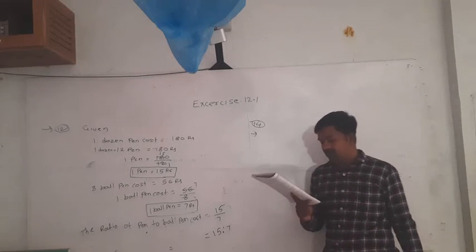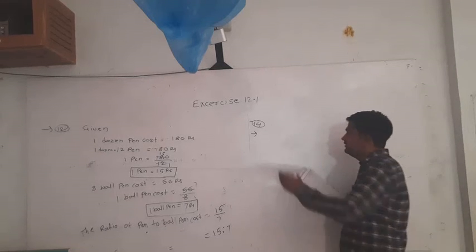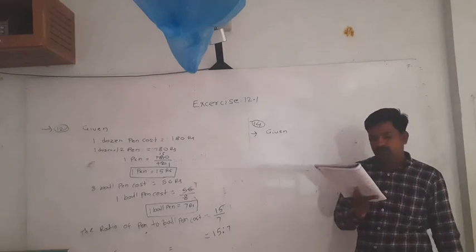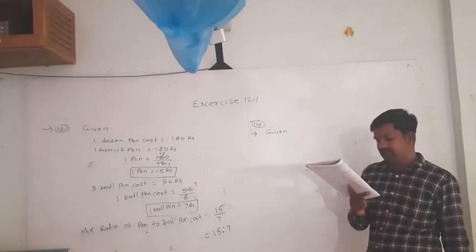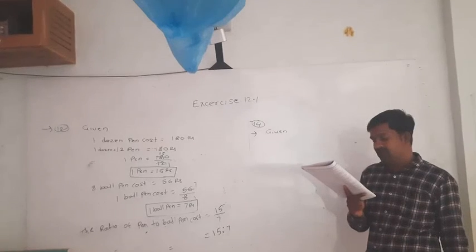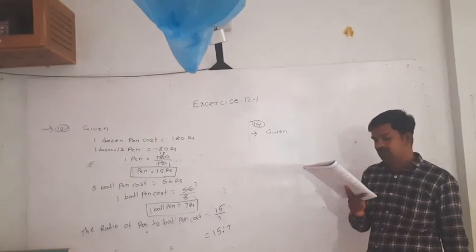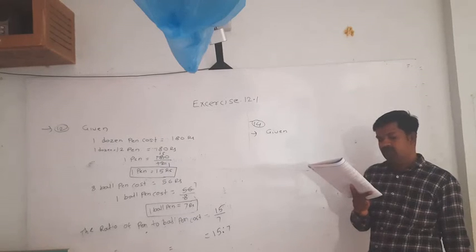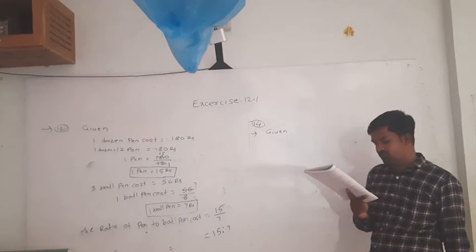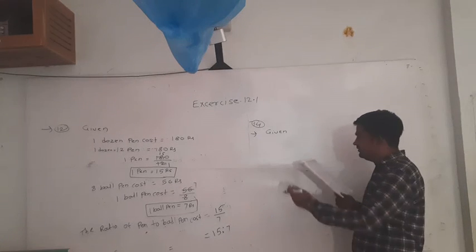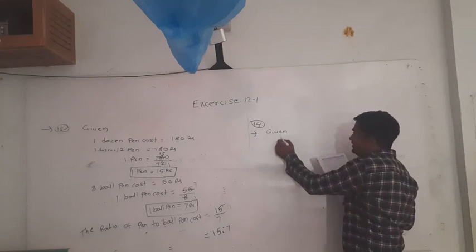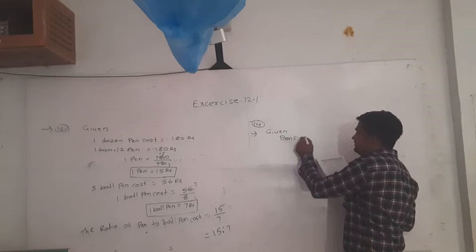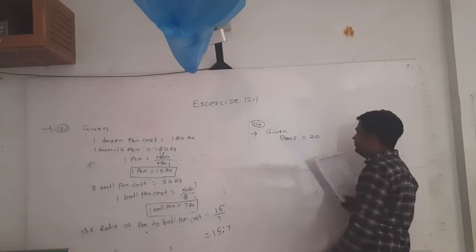First write the given. Divide 20 pens between Sneha and Sangeeta in the ratio of 3:2. Now write how many pens there are: 20 pens.